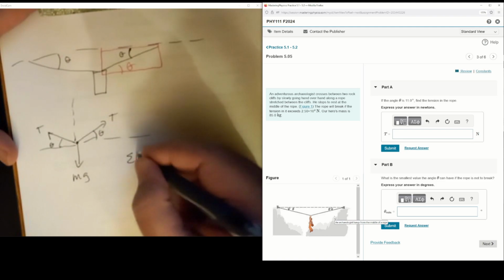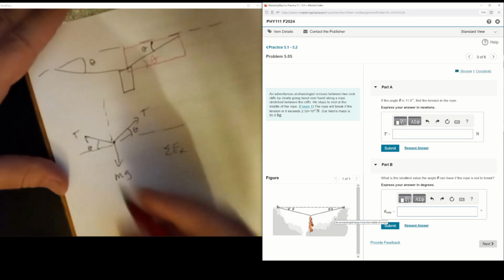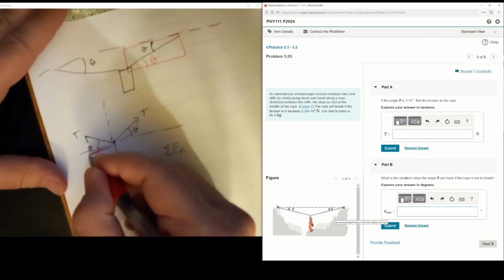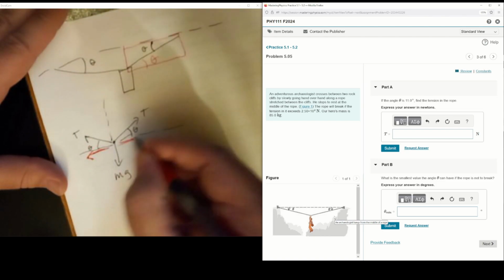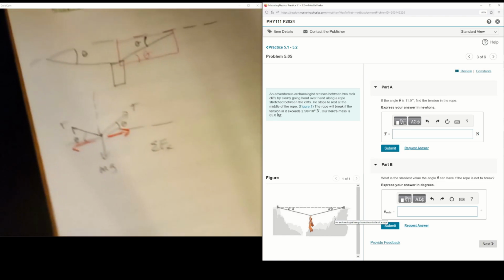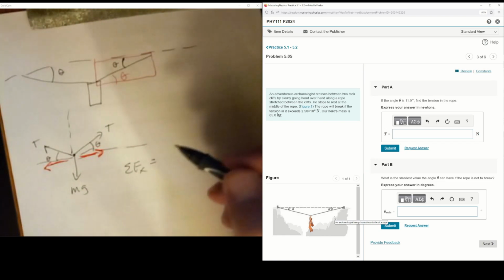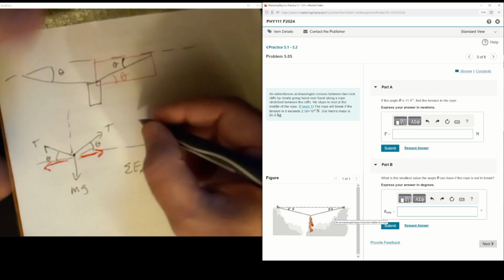We'll sum our forces in the x direction. We have this component to the left and this component to the right. The adjacent leg of the tension we get from cosine.